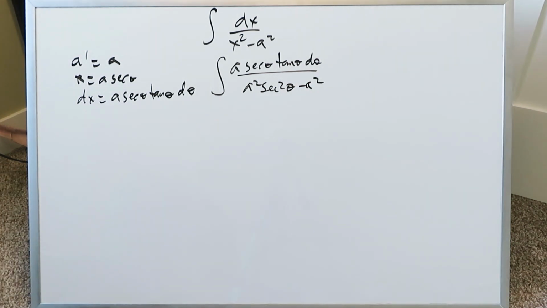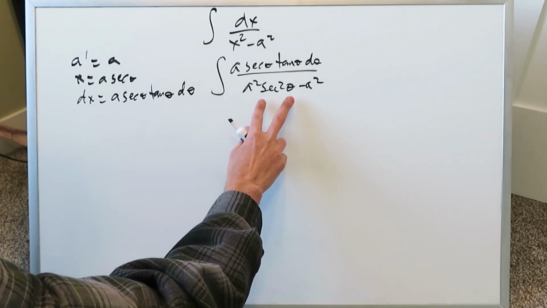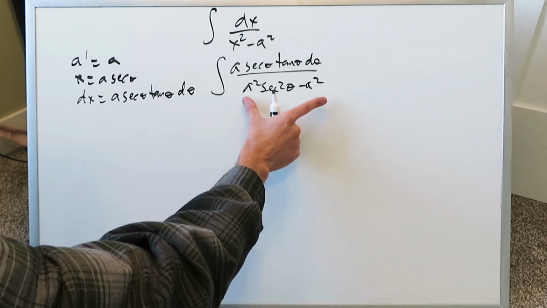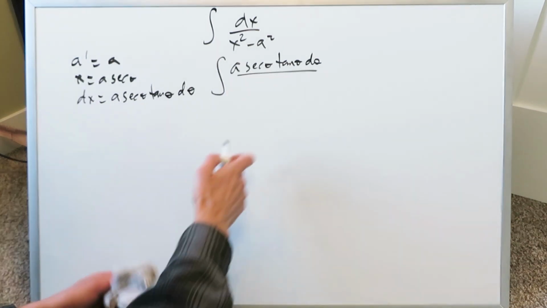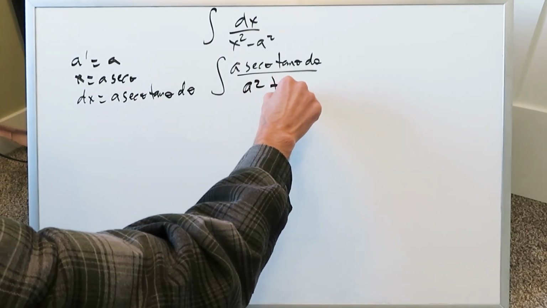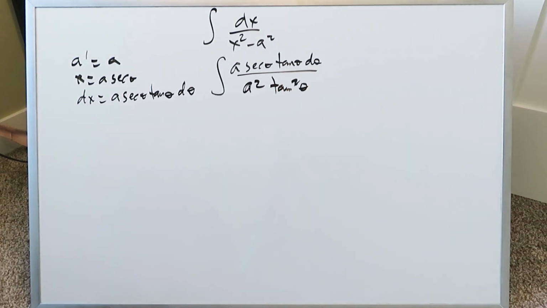Remember the forms x squared minus a squared, a squared minus x squared, and x squared plus a squared. These are the three forms we talked about in trigonometric integration. Anyhow, when you isolate the a squared, you have secant squared theta minus 1. You can bring in that identity and substitute a squared tan squared theta, and this is nothing new.